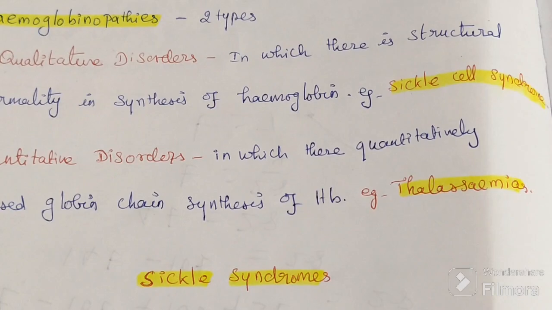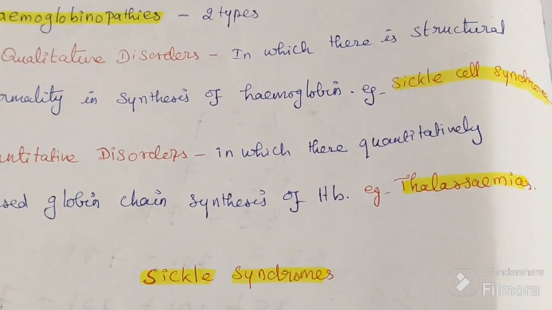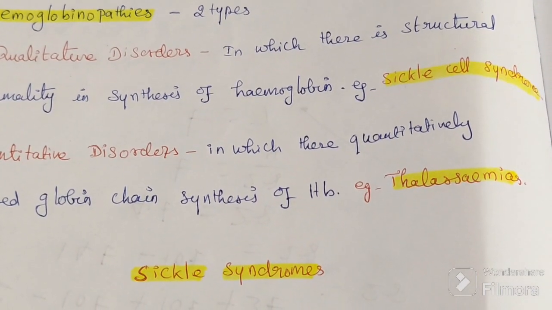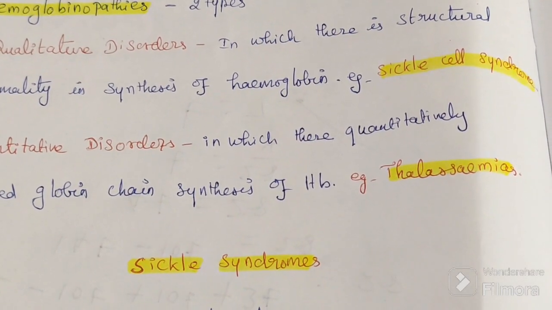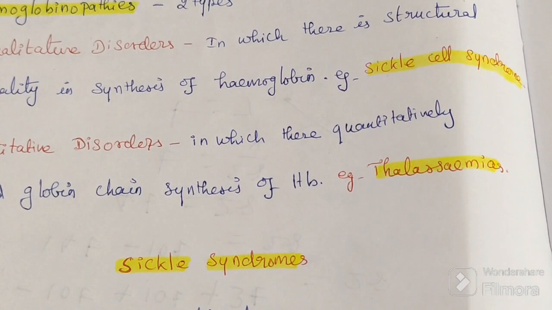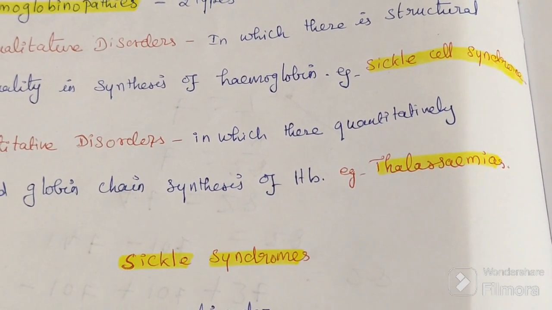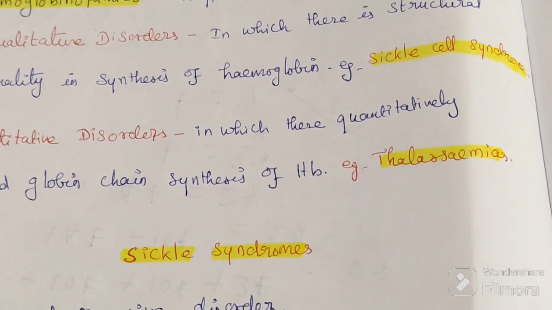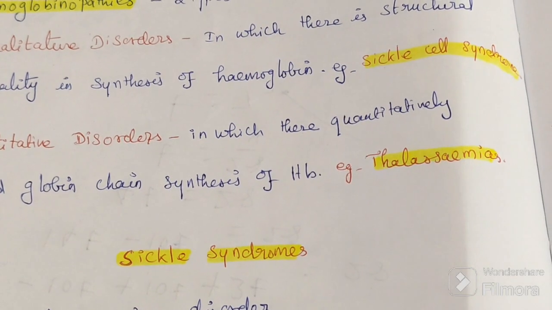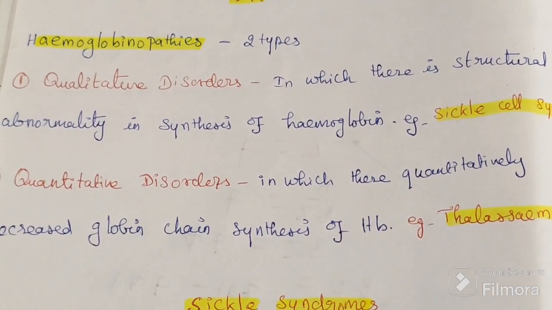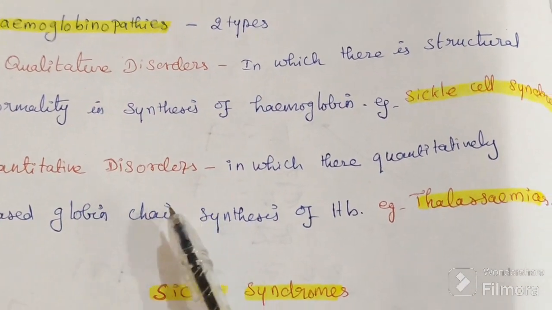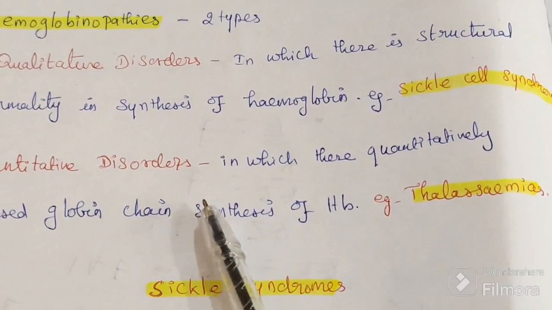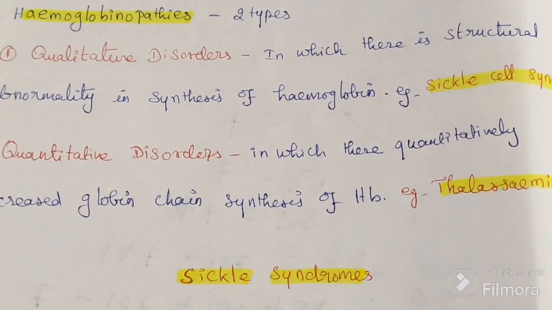In qualitative, the quality of globulin is not good, there is some structural abnormality, and in quantitative, the structure is normal, but the amount, the quantity, is reduced.